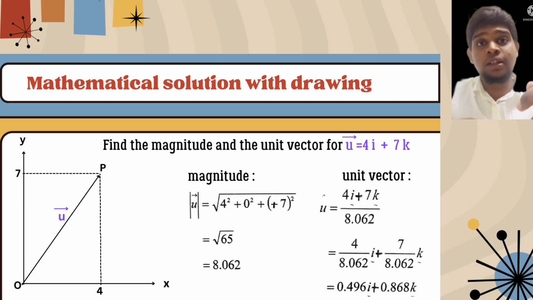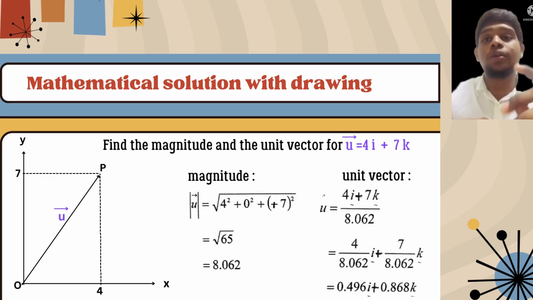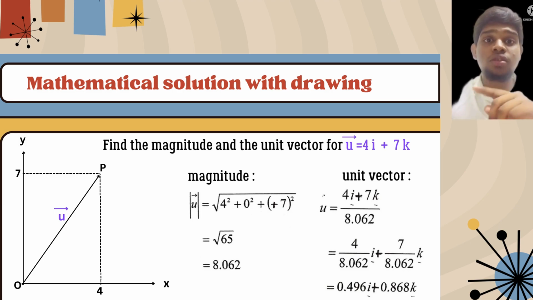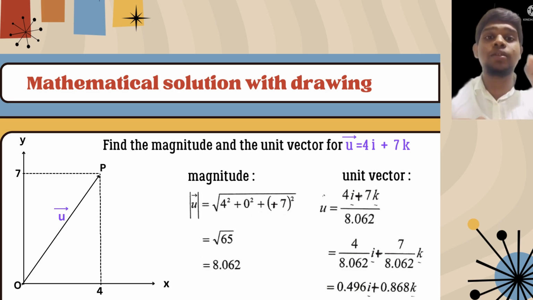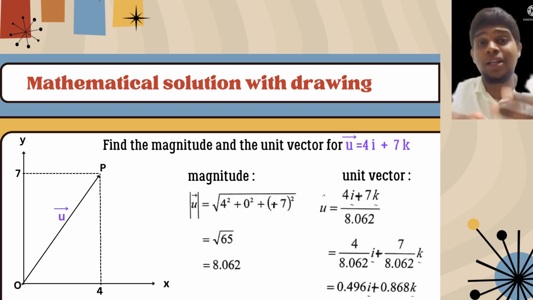I didn't insert it in the presentation, but you have to know it. At the same time, if you want to find the unit vector, you have to take the x-axis over the magnitude plus the y-axis over the magnitude, so that you can get the unit vector. If it states plus, you have to plus it, if it states minus, you have to minus it.